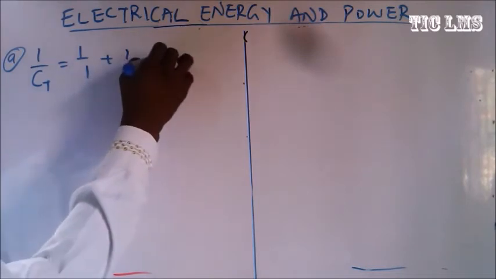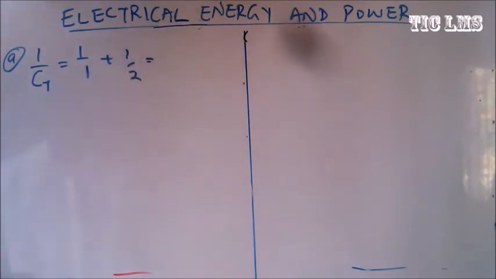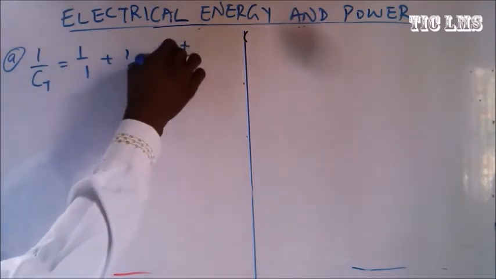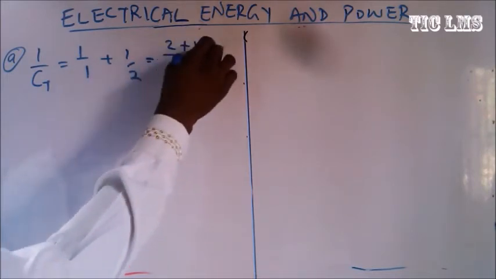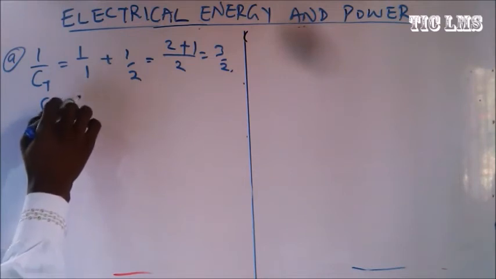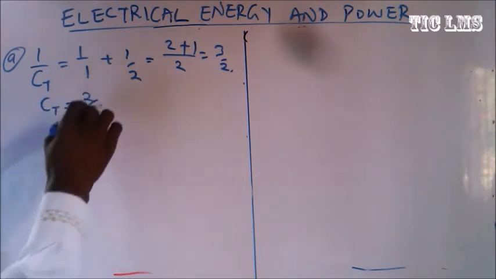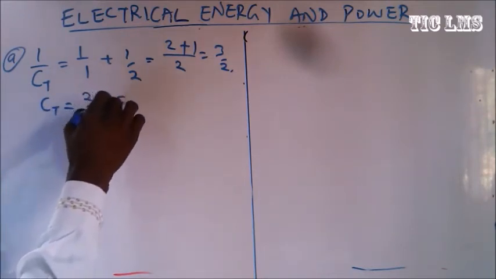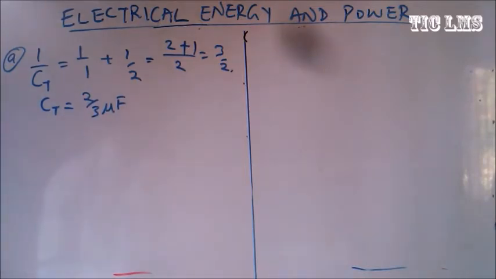And when we add this, we will end up having 2 plus 1, that's 3 over 2. So the resultant capacitance here is 2 over 3 microfarad.